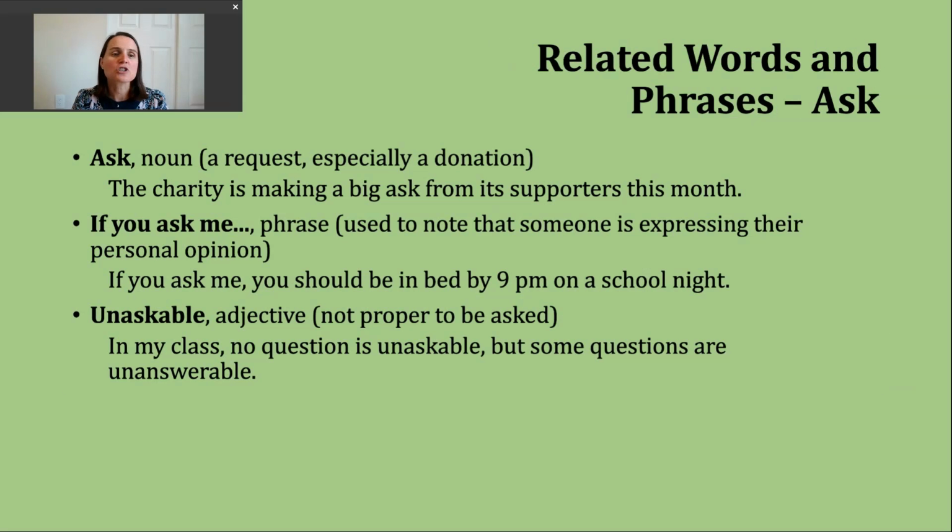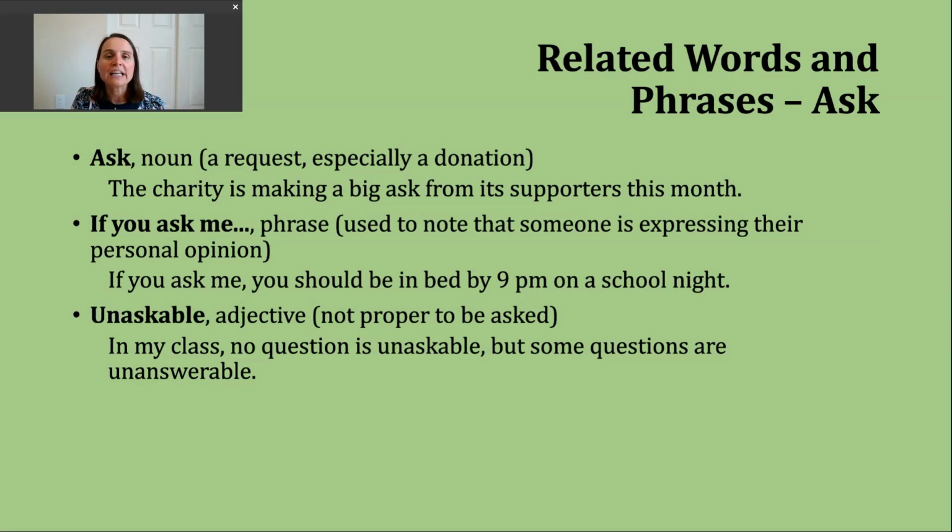Now, let's spend just a couple minutes looking at some words and phrases that are related to our verb ask. The first word we're going to look at is just the noun form of this word. So, exact same spelling, exact same pronunciation. When the word ask is used as a noun, it's referring to a request.